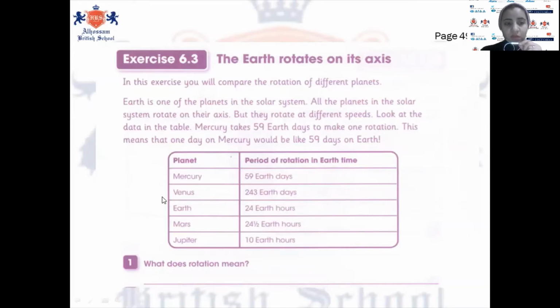Excellent. When any planet, not only the Earth, moves around the sun, this is called revolution. When an object revolves around another object, this is called revolution. I asked you yesterday how many days the Earth takes for its revolution.